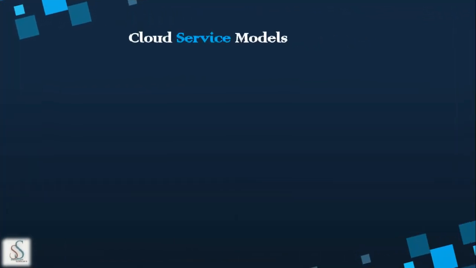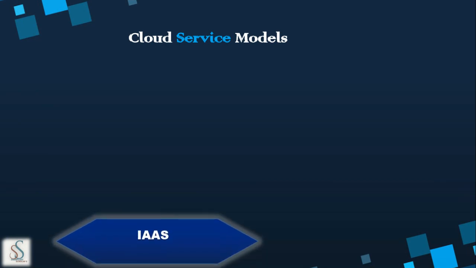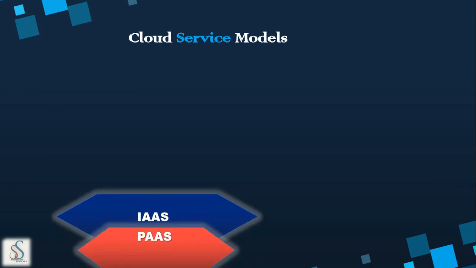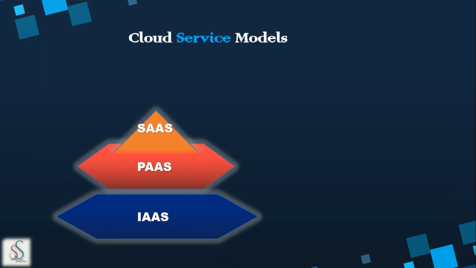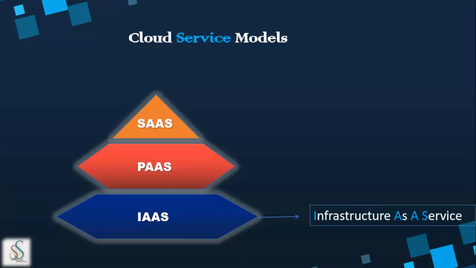Cloud service models means the services provided in the cloud in three layers. First is the IaaS layer, then the PaaS layer, and the SaaS layer. In the first layer, what is IaaS? Infrastructure as a service.